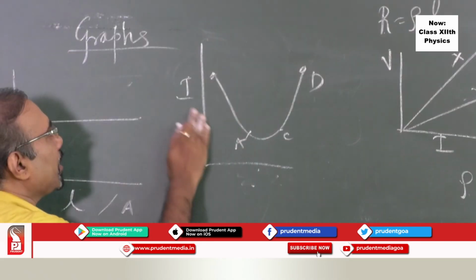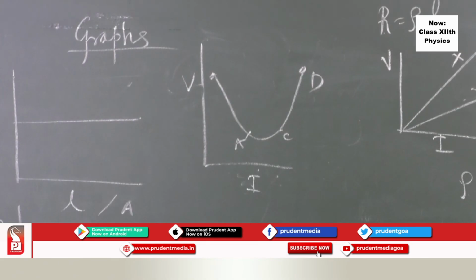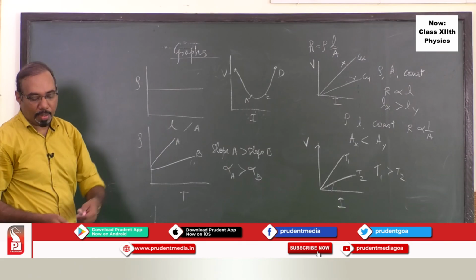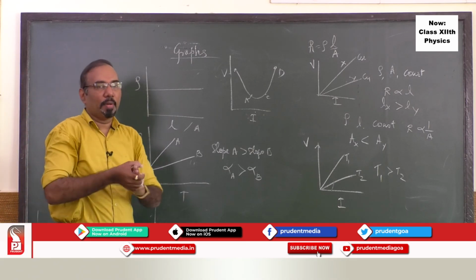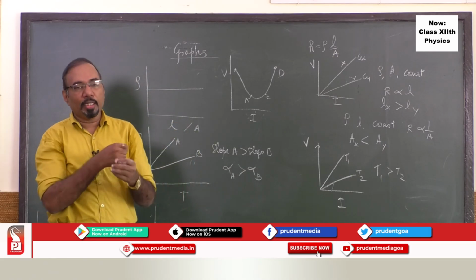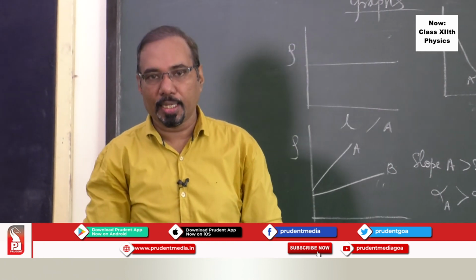Or you can take V versus I also and infer in which region the resistance is negative. So these are the various types of graphs involved in this particular chapter. So go step by step, learn the concept, go through the graphs, learn the basics to solve the numericals. That will help you to understand this particular chapter.